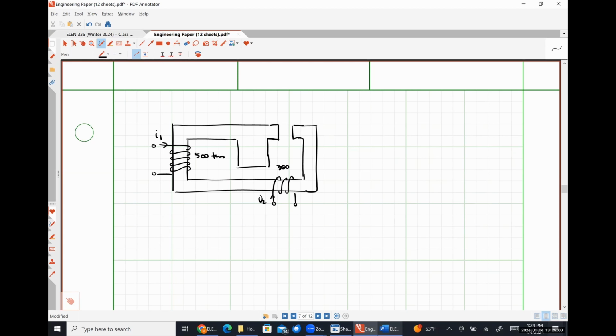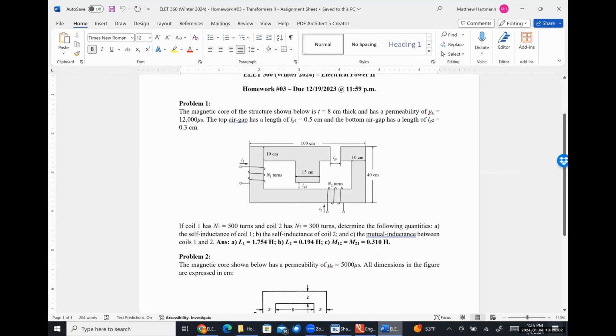Let's go ahead and put all those dimensions on here while we're at it. So 100 centimeters in length total.